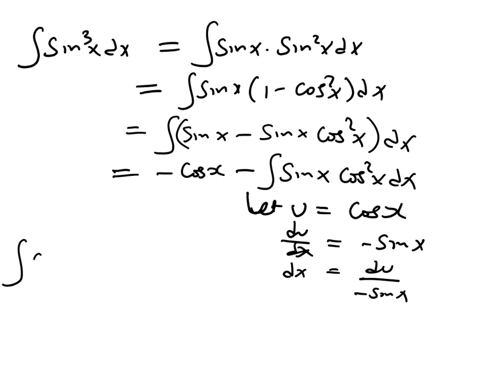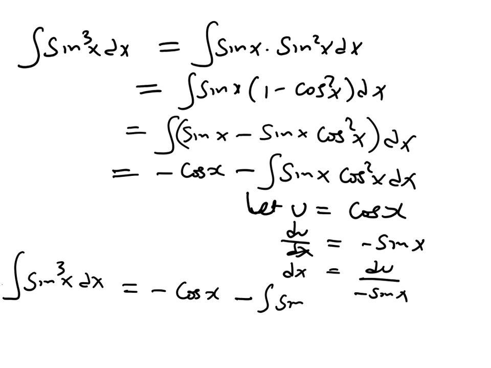So the integral of sine cubed x by dx will be negative cos of x minus the integral of sine x, then this is u squared, and dx is du over minus sine of x.